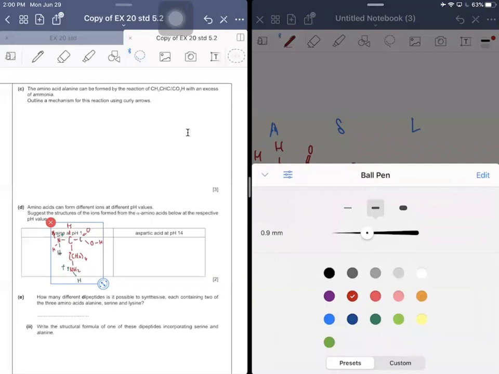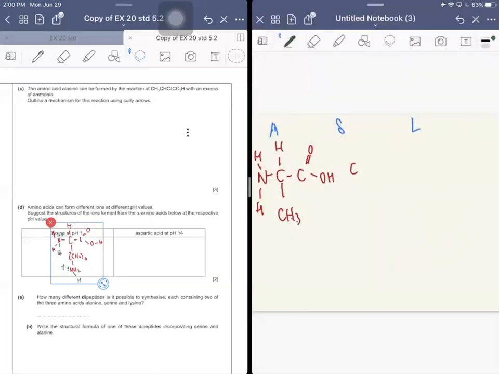Okay, for serine, same thing. Start with the carbon in the center, COOH and NH2. This one would be H. Serine, the R group would be CH2OH. Okay.